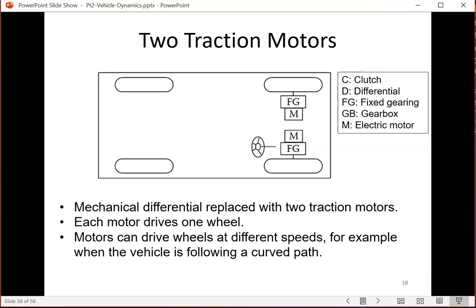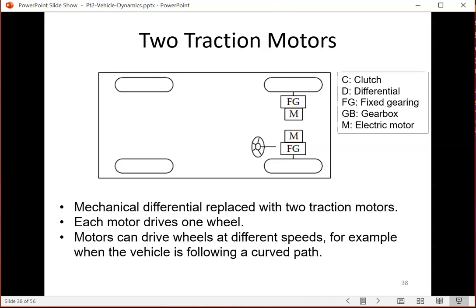I could potentially drive the outer wheel faster. For example, I'm driving forward and trying to turn left, I could drive the right-hand side wheel faster than the left-hand side. So this side goes forward faster than the other side, therefore it turns. That would help with the turning of a vehicle. You can still use the steering wheel to turn the wheels to point in that direction, but this would help dynamically. It would help with the efficiency as well.